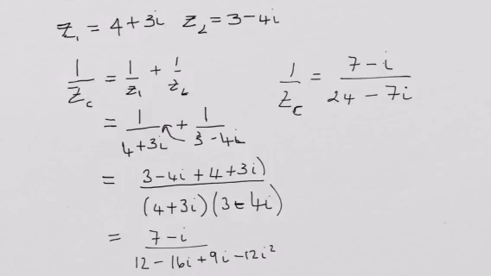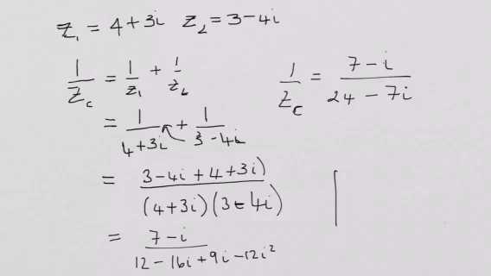So I'm going to go on to the next page. Actually, whoops, sorry, didn't mean to draw that. Add another page. So we had 1 over zc was, I have to go back, remind myself, 7 minus i over 24 minus 7i.